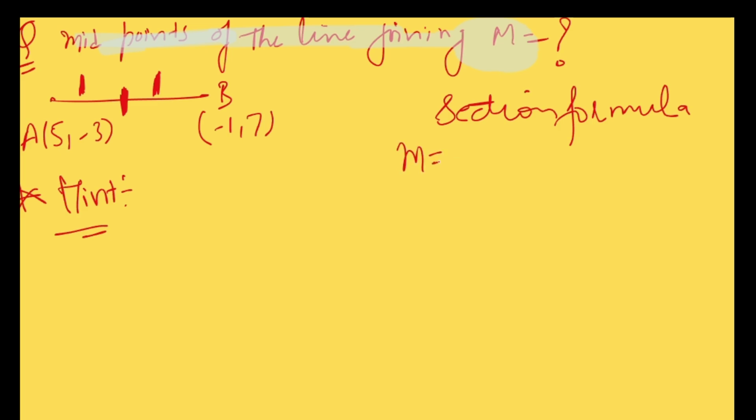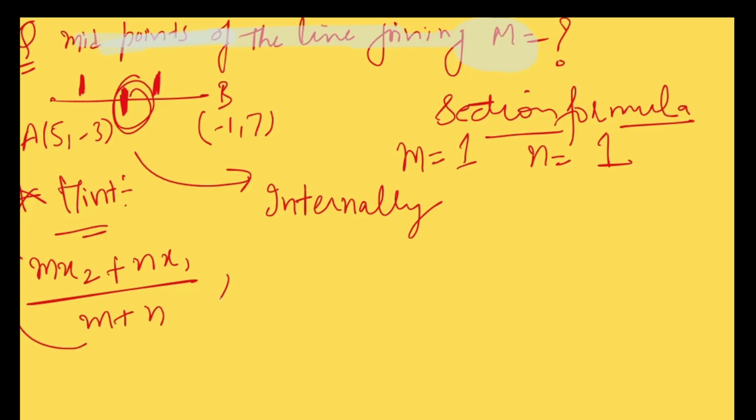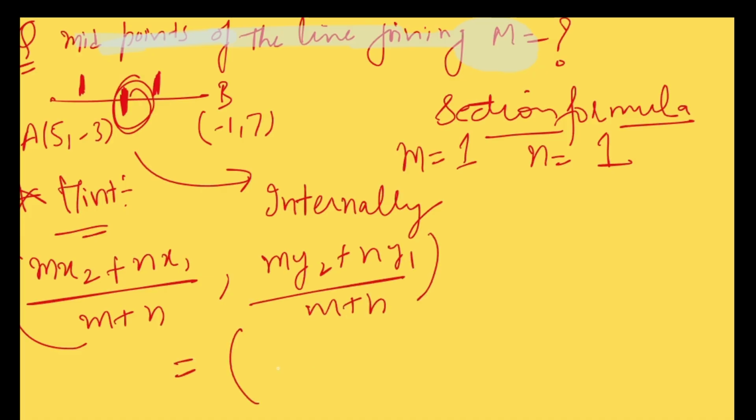So m would be 1, n would also be 1. The section formula you have to use internally, since it is a midpoint. So (mx2 + nx1) upon (m + n) would be the first coordinate, (my2 + ny1) upon (m + n) would be the second coordinate.